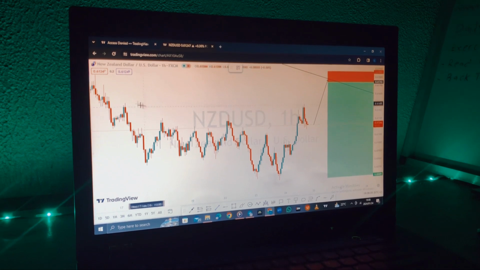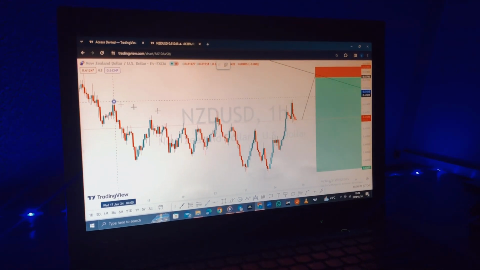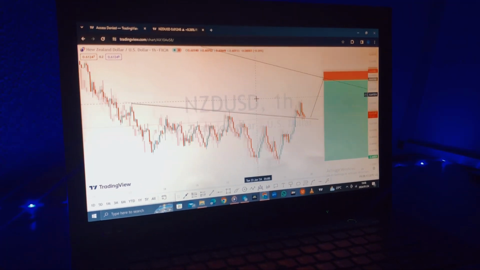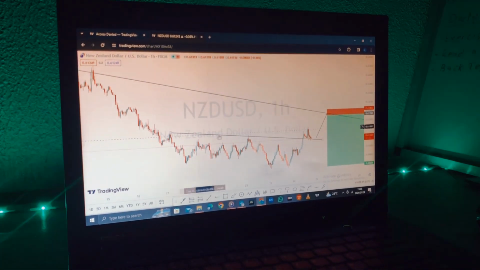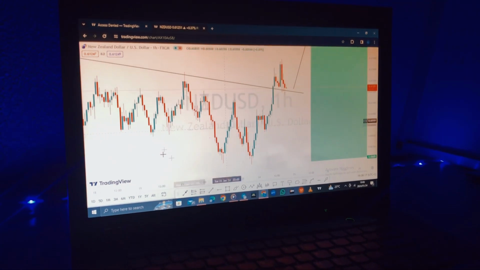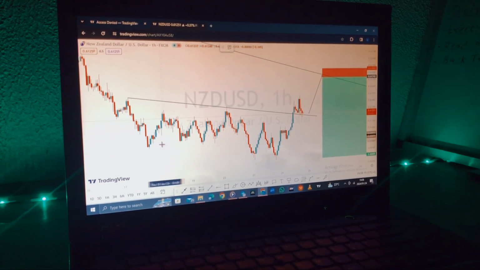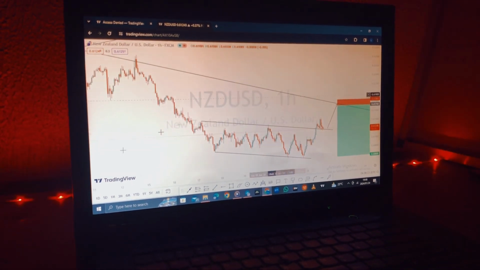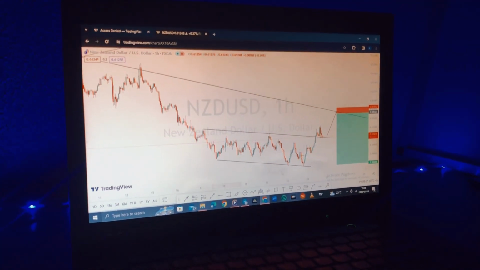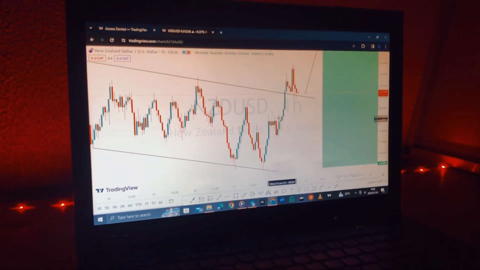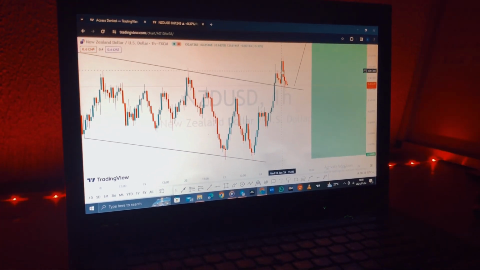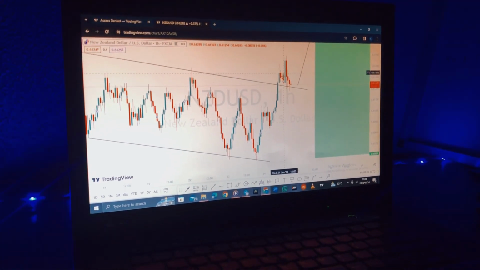So here, guys, looking at this pair, I can see that if I try to connect my trend lines, okay, here, guys, the market has been giving us this sort of structure. You can see we had our first touch. Even here from the downside, you can see, guys, we had this sort of reversal channel right over here, and the market just broke above, gave us a retest and gave us this momentum, but actually just started dropping again.